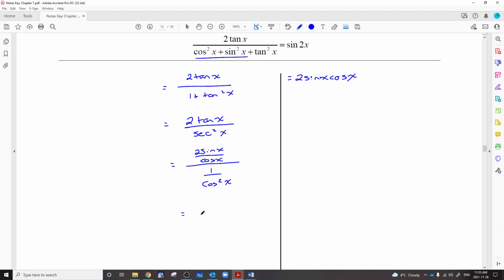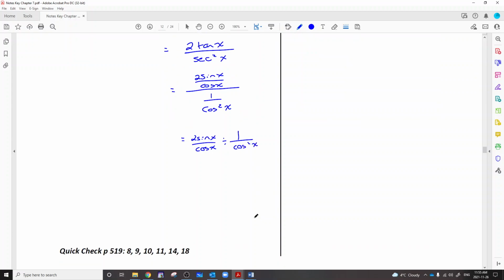There are so many ways of doing these. If I do it this way, I'd write it as 2 sine x over cos x divided by 1 over cos squared x. I'm showing all my steps. If you went straight away to flipping that one, that's fine, but I'm trying to be careful.